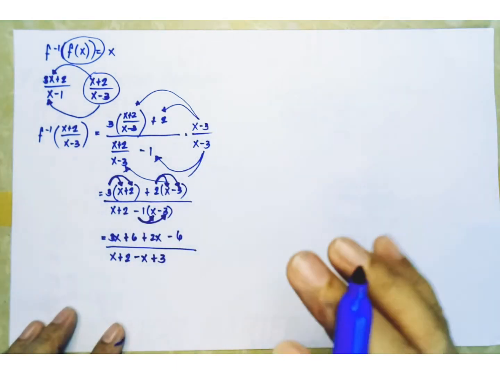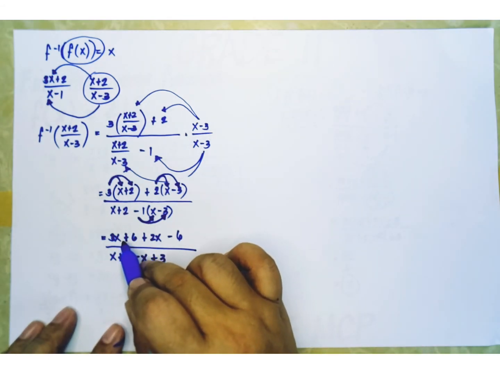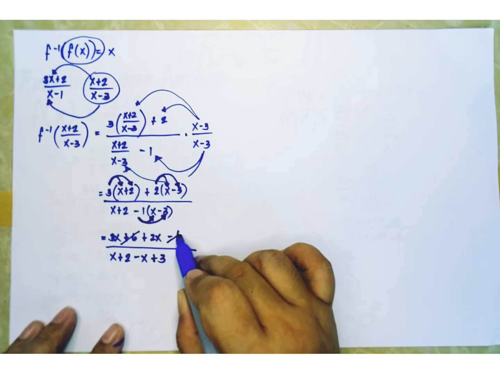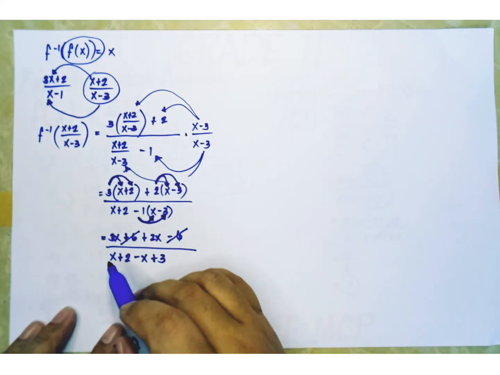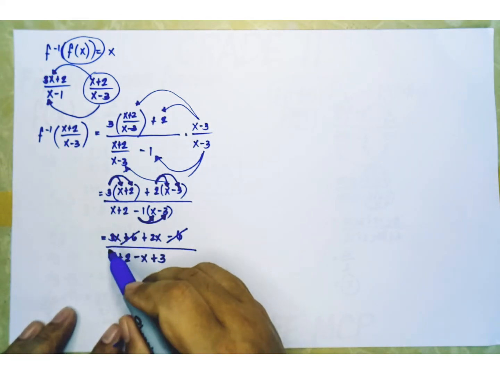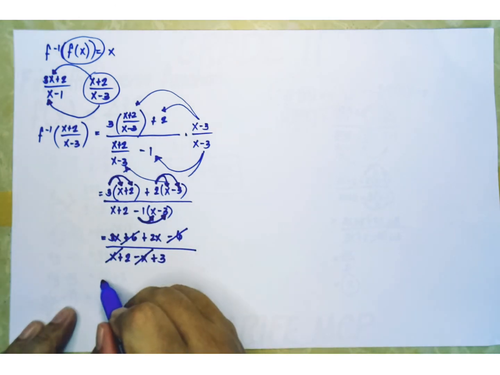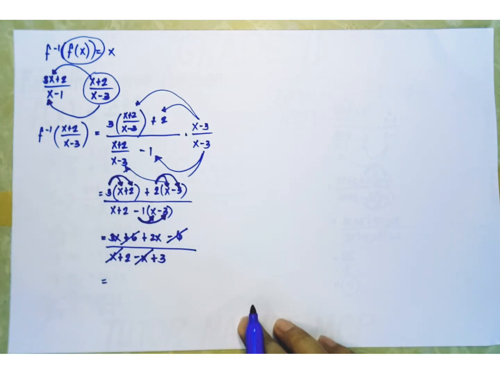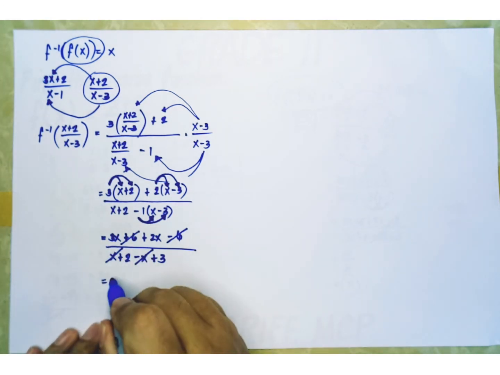Okay, so above the long horizontal line, we have opposite numbers, positive 6 and negative 6. They cancel out each other. And below the long horizontal line, we have opposite terms, positive x and negative x. They cancel out each other. Combining like terms above the horizontal line, we have 3x plus 2x.